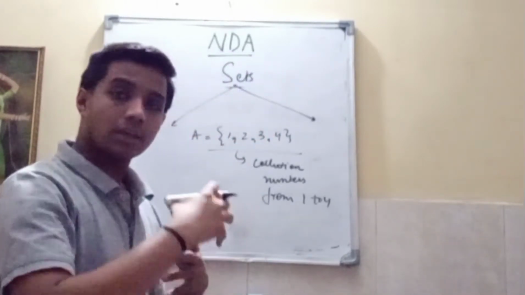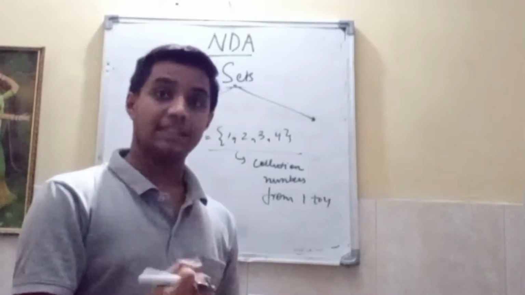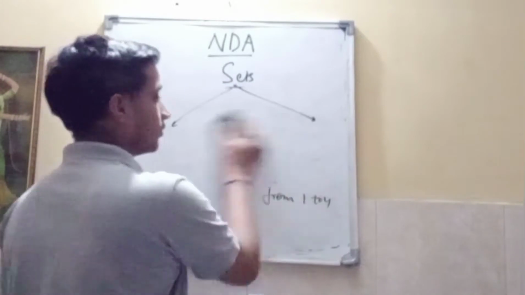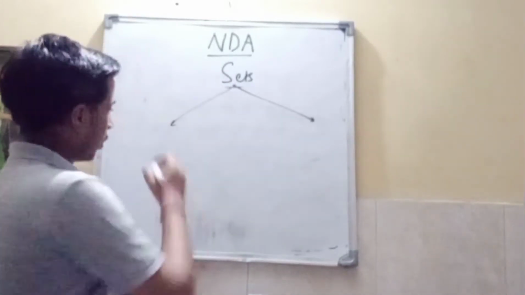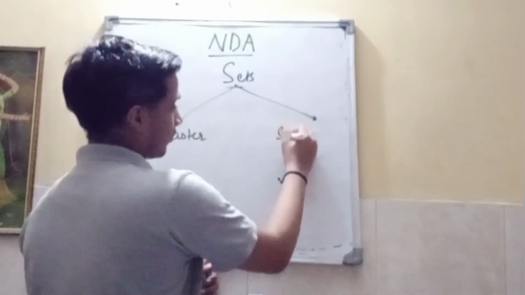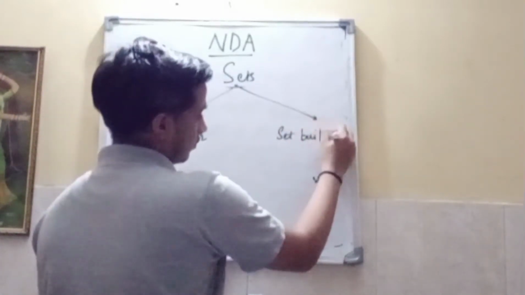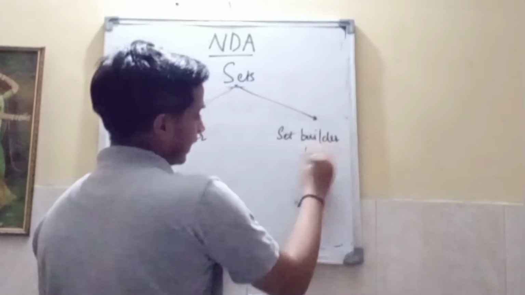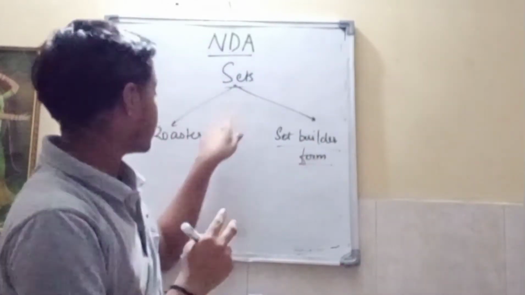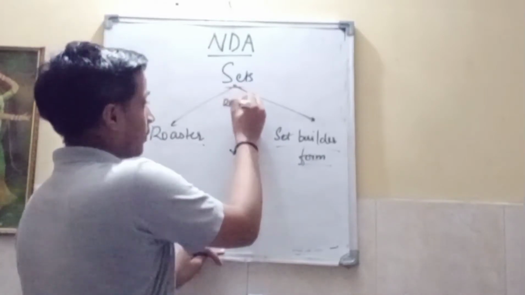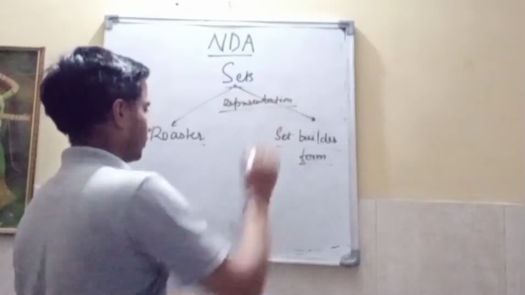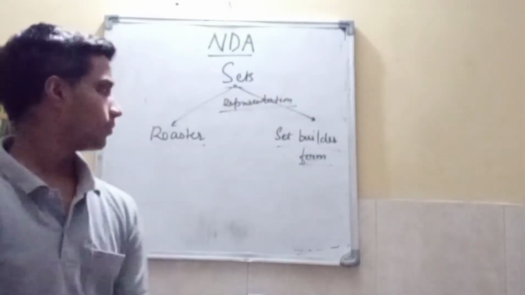So let's move on. How can we represent a set? Basically, there are two types. The first is roster form, and the second is set builder form. These are the two types into which we divide set representation. What is a roster form?